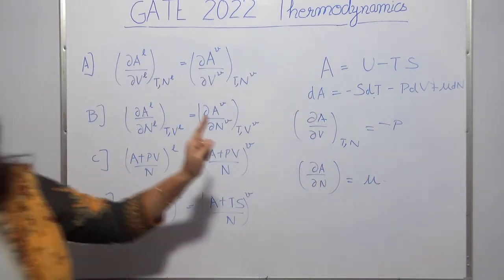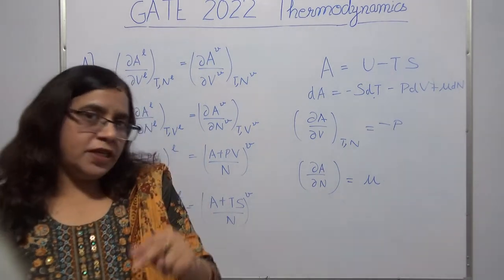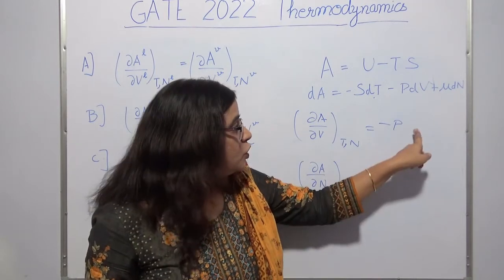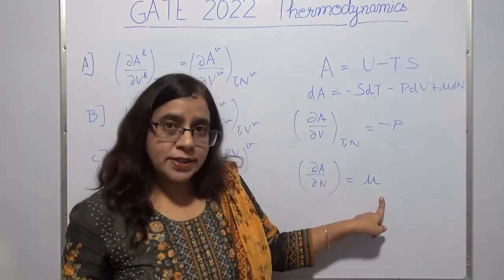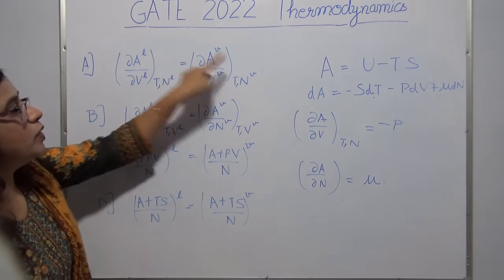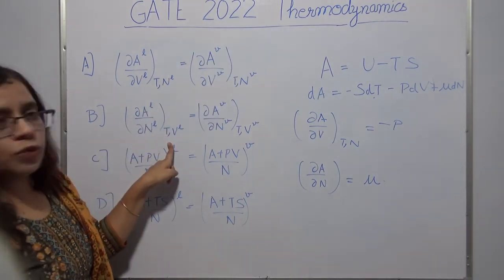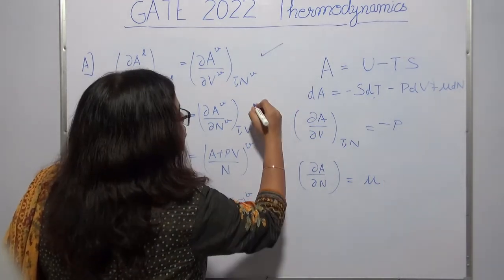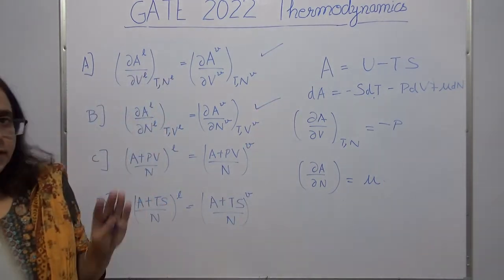Okay, so for two phases to be in equilibrium, their pressure, temperature and chemical potential are same. So P and mu are same. So that means in liquid and vapor phase, this quantity and this quantity, they are going to be same. Okay, this is P and this is mu. So these two equations are correct.